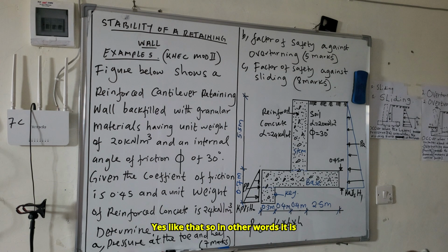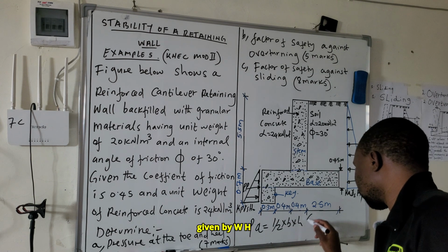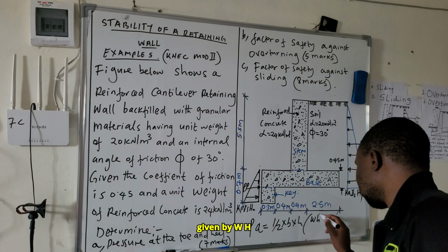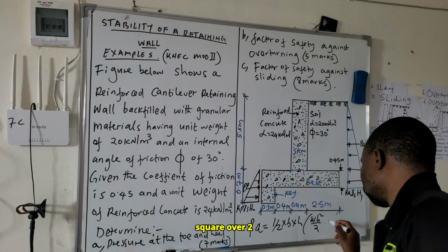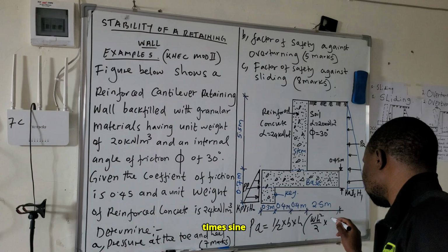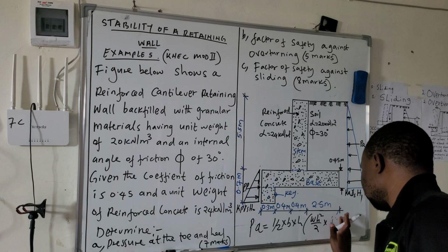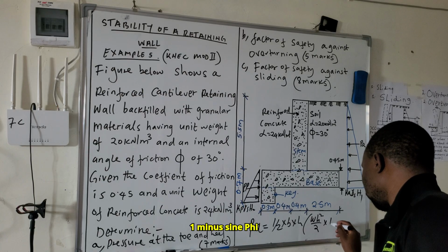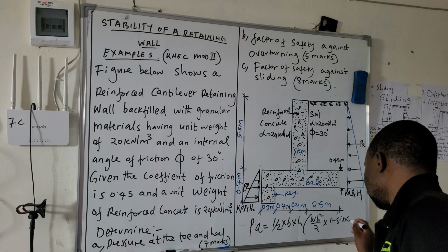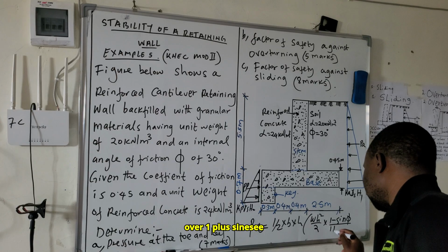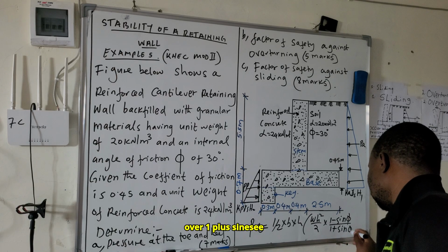So in other words, it is given by W H squared over 2 times (1 minus sine phi) over (1 plus sine phi).